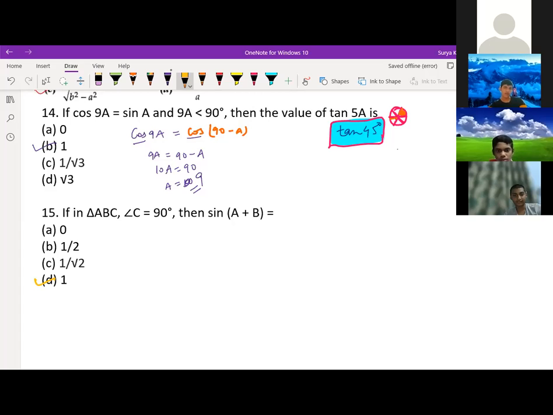Yes, sir. Okay. So since C is 90, obviously A plus B will be 90 only, right? If C is 90, the whole triangle sum is 90 only. The A plus B is equal to 90. The sin 90 is equal to 1. Sin A minus cos A is equal to 0.